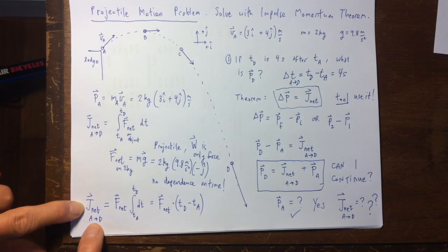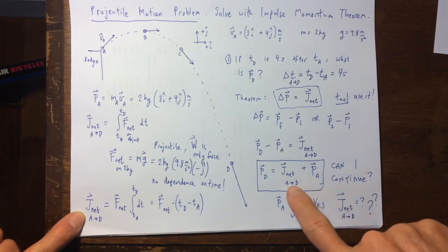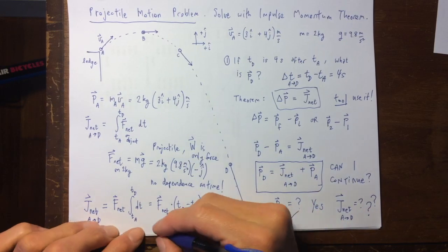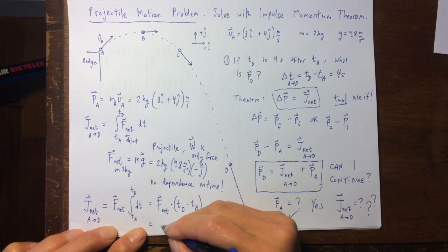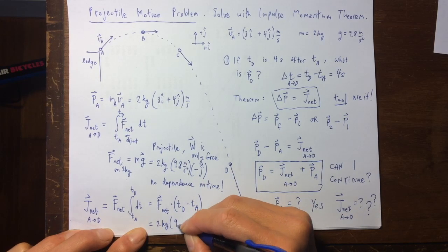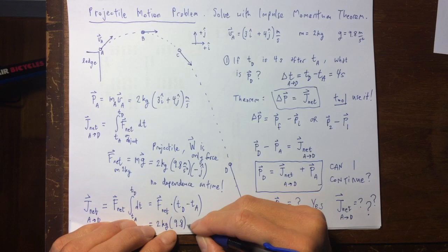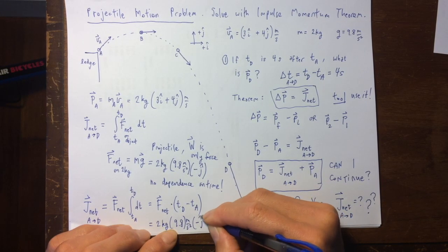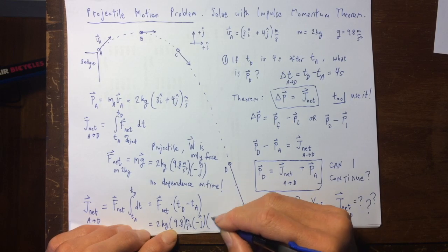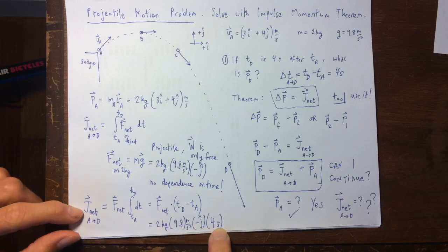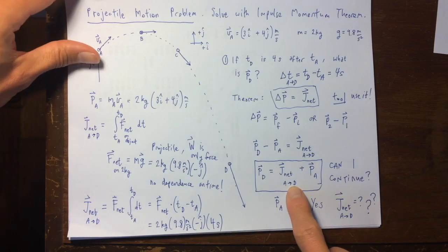So the net impulse delivered, which is the only missing piece so far, is calculated here as 2 kilograms times 9.8 meters per second squared times minus j hat times 4 seconds. I've got all of the details to calculate j net. So let's finish this.